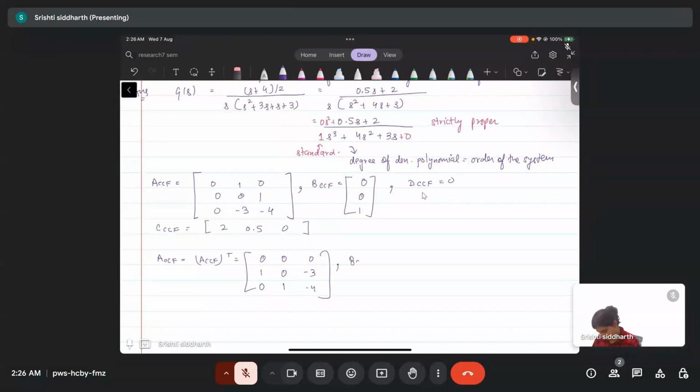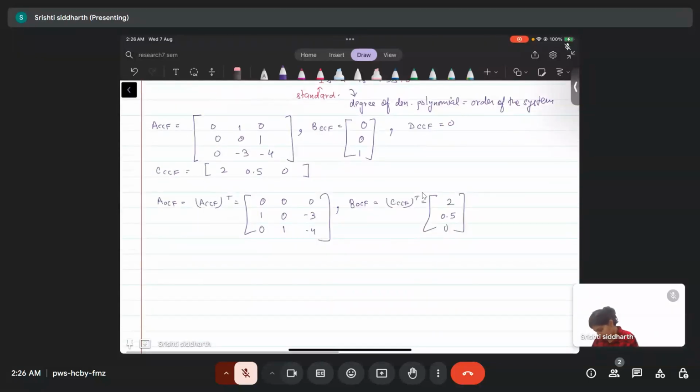Then we have B_OCF as this vector. Then we have C_OCF as 0 0 1, and D_OCF is 0. Okay, so I hope this question was clear to you.